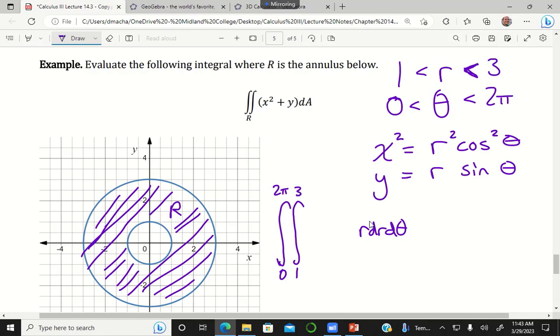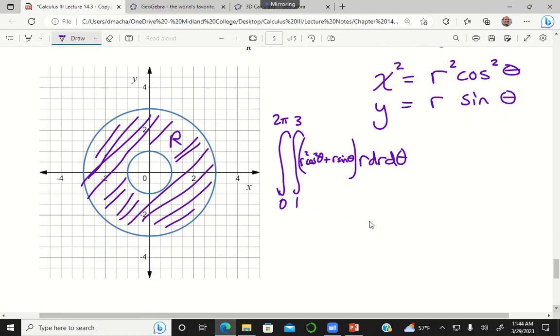And then my integrand is x squared plus y, so that's r squared cosine squared theta plus r sine theta, all of that times another r, dr d theta.